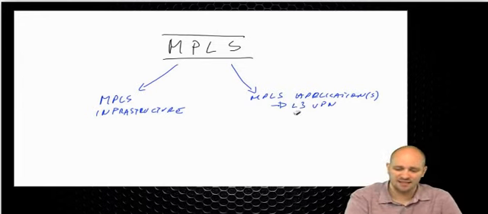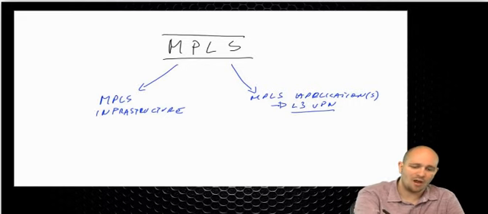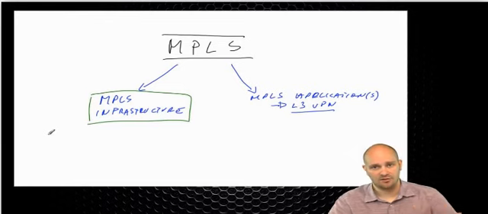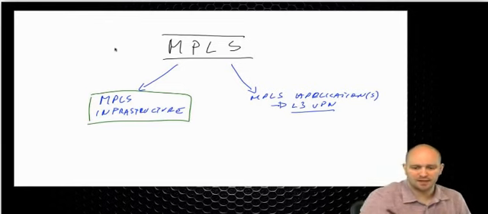What is tested is layer 3 VPNs, and you need to understand how layer 3 VPNs operate, but also you need to know how to build a good, successful MPLS infrastructure. So to do that, let's start with just MPLS infrastructure.